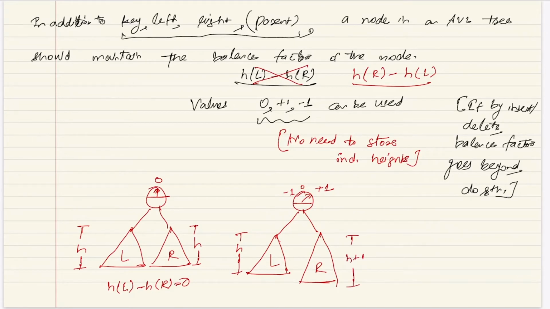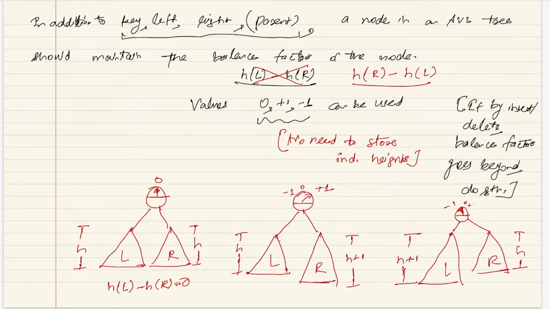And similarly the last case where I have the node and the height of left subtree is larger than the height of right subtree by 1. So this is h+1 and this is h. In this case the balance will become -1. So balance will be -1.